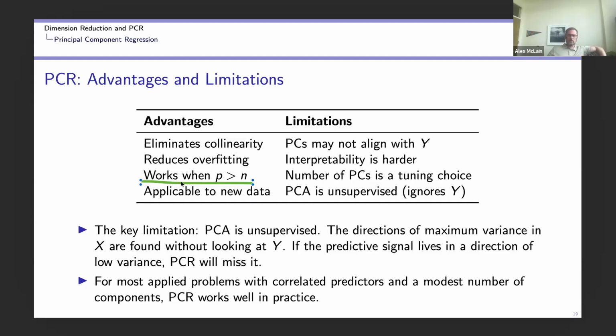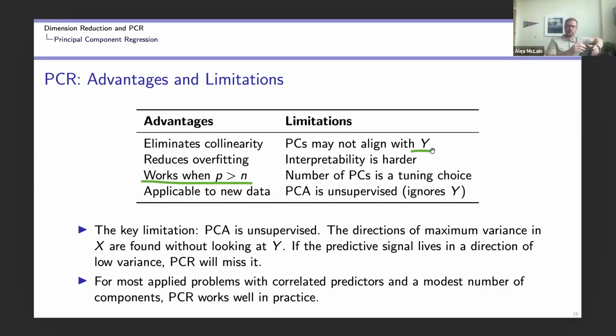Some of the limitations, the principal components don't necessarily have anything to do with our outcome. So we just did this with systolic blood pressure. The principal component analysis doesn't know what our outcome is. So it's just trying to summarize the X variables. It's not really maximizing the predictive nature of PCA1 with Y in any sense.